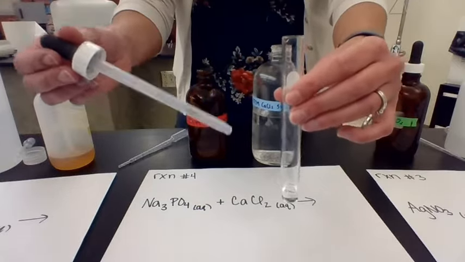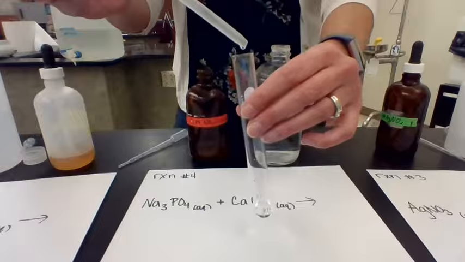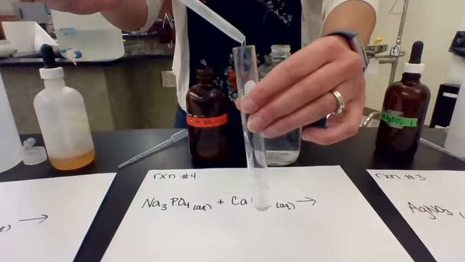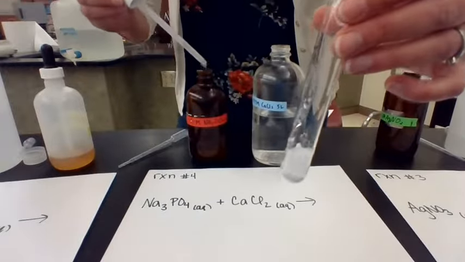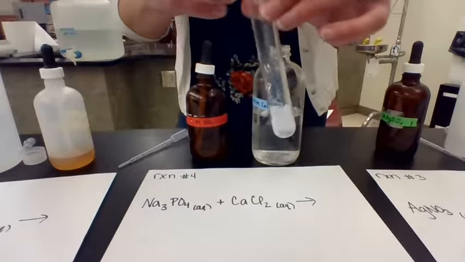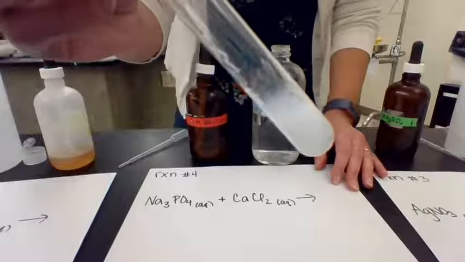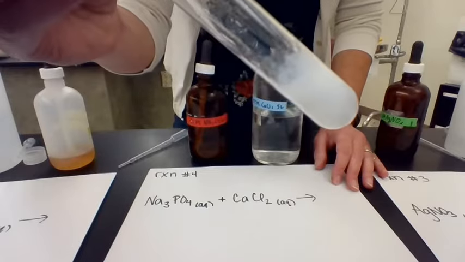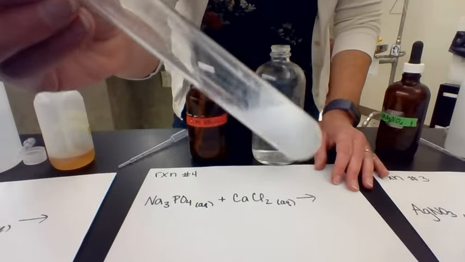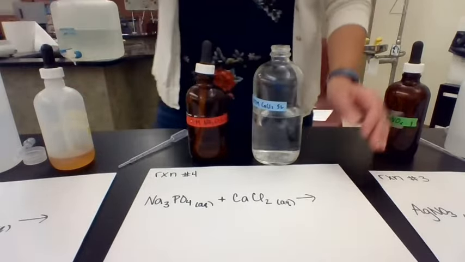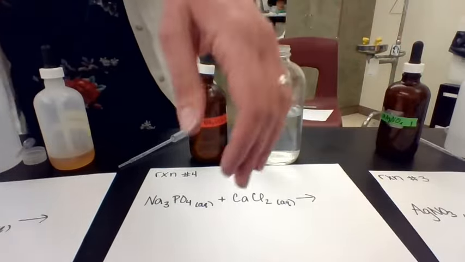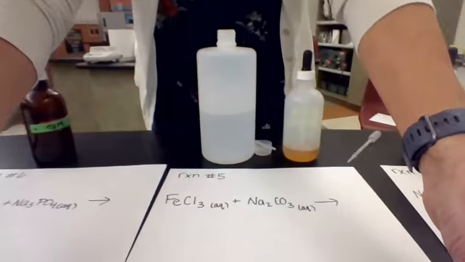We've got two transparent solutions here, and when I mix them together, we form a kind of funny gelatinous looking solid here. We swirl it up there a little bit better. You can see it, if you can see that. So that's the solid we formed in this reaction. Okay, let's scoot down a few more.